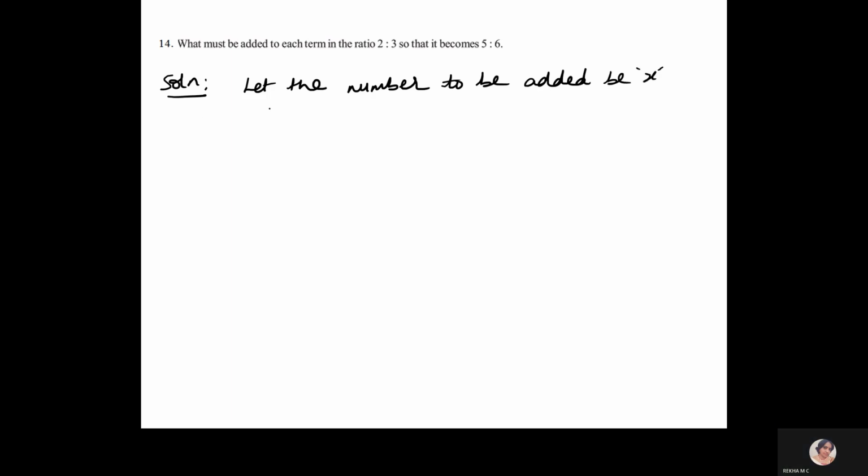Next question. What must be added to each term in the ratio 2:3 so that it becomes 5:6? Solution. Let the number to be added be x. So 2 plus x divided by 3 plus x is equal to 5 by 6.